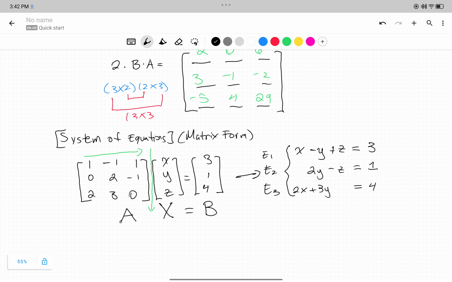Okay, so this one is called the matrix of coefficients, in other words, the numbers in front of these. This is the matrix of unknowns. Well, how many unknowns do you have? 3 of them, x, y, and z. And then this is the matrix of constants. Which ones are your constants? These right there.